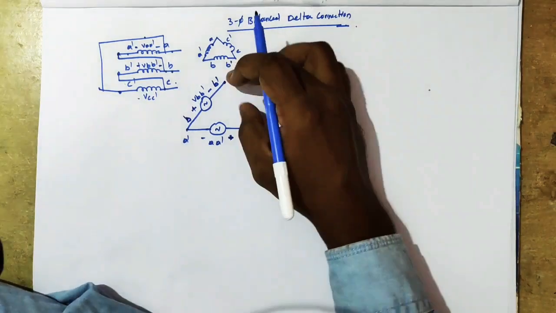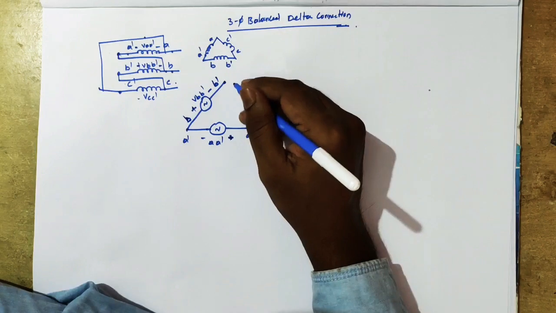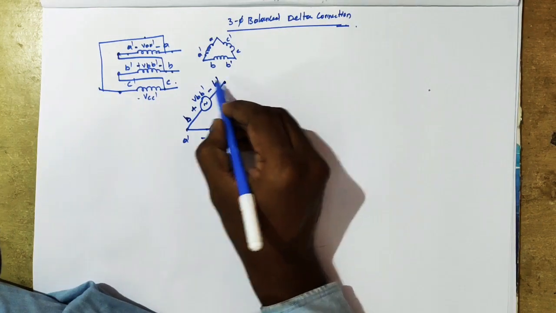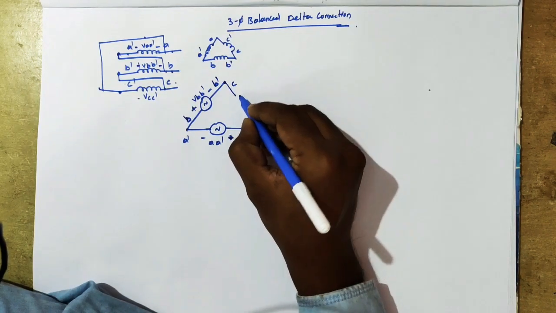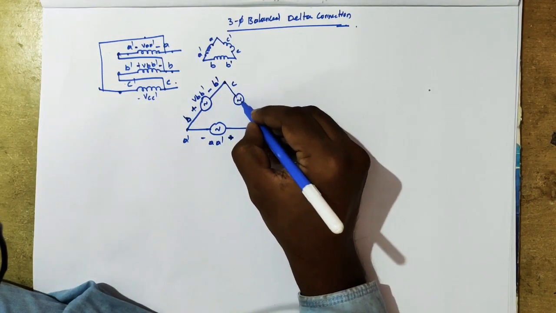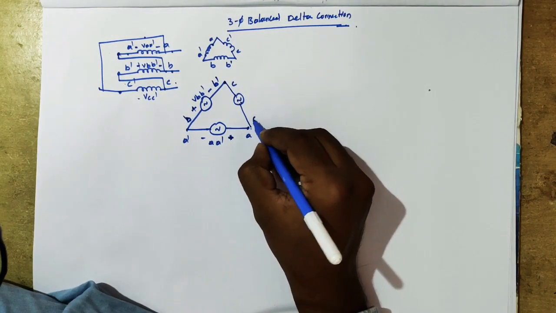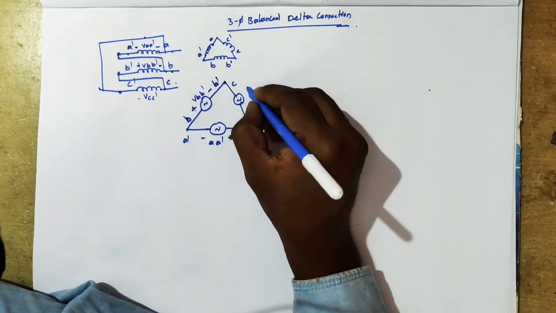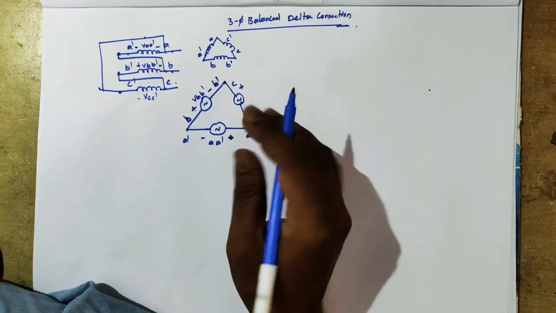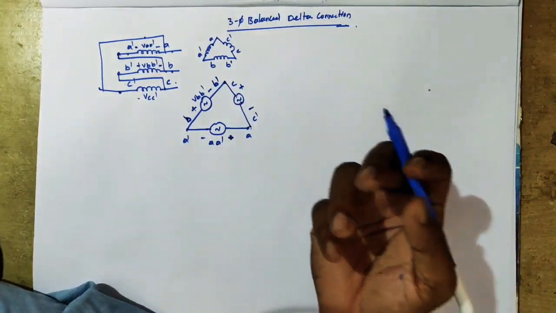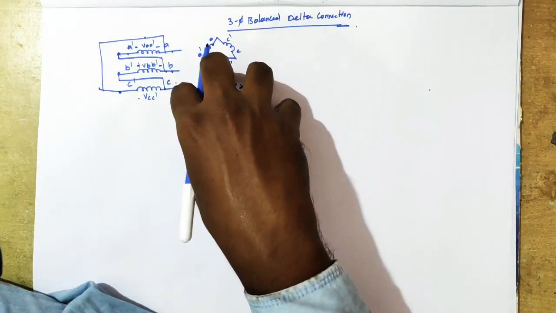For the voltage produced across C, how will I draw this? B dash is connected to C. So this is C and this is C dash. The voltage representation is plus minus. Now where will the terminals connect? The potential voltage is developed here.